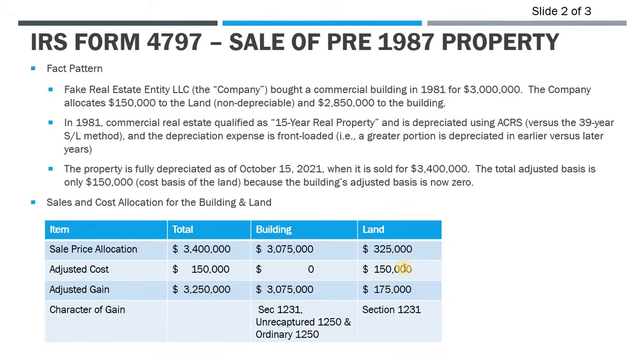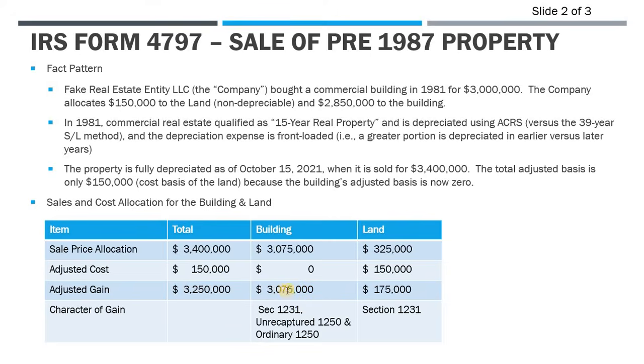So the adjusted gain on these two assets, we've got 175,000 allocated to the land, and then 3,075,000 of gain to the building. Now, as far as character, the land here, this was an asset used in a trade or business, held for more than a year. So we've got Section 1231 gain on the land portion. Now, the building, and this is where it gets complicated, and we'll go through the example.